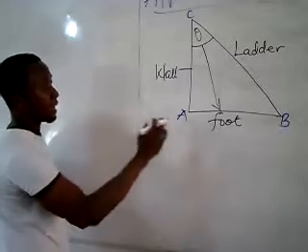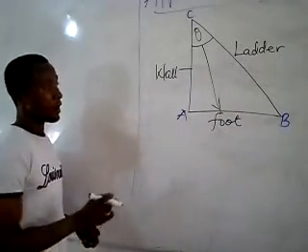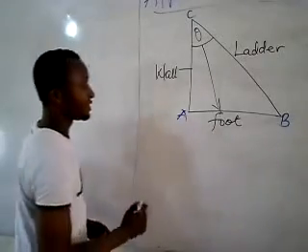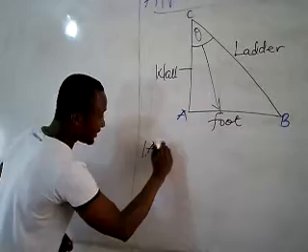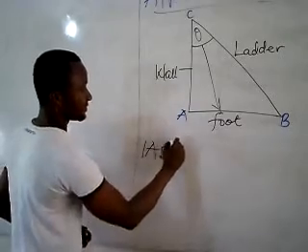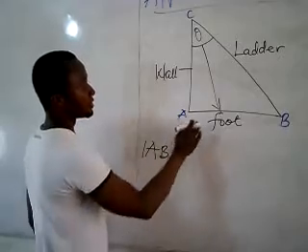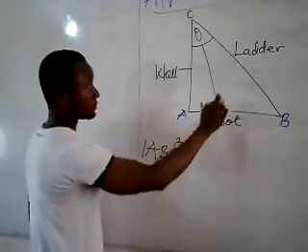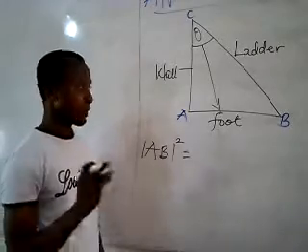Now if I'm to find the side of the opposite, that is AB, I'll write line AB squared equal to the longest side, which represents the ladder, the hypotenuse.